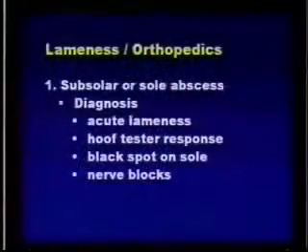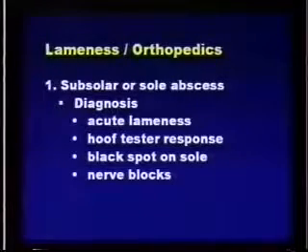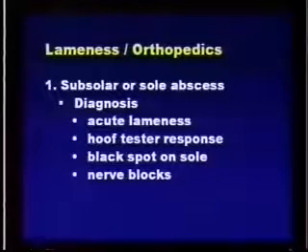As far as diagnosis is concerned, again, these horses will often come to you with a history of acute onset of lameness. They may have been completely sound the day before, according to the owner, and the next day they find that they're almost non-weight-bearing lame.